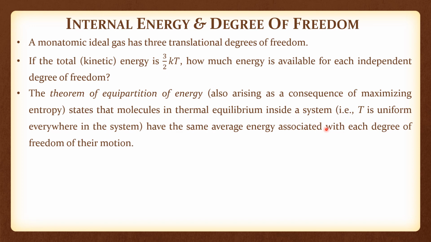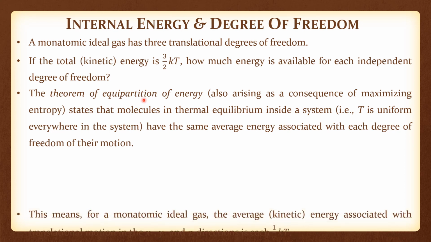So if you can distribute the available energy maximally out to all the microstates or microscopic arrangements available, the energy dispersal is maximum and the entropy will be maximum. That is what the theorem of equipartition of energy states.